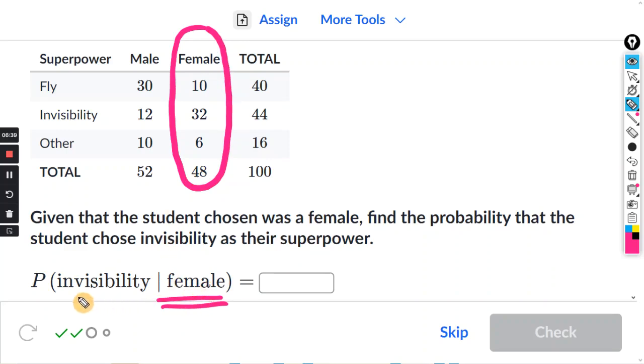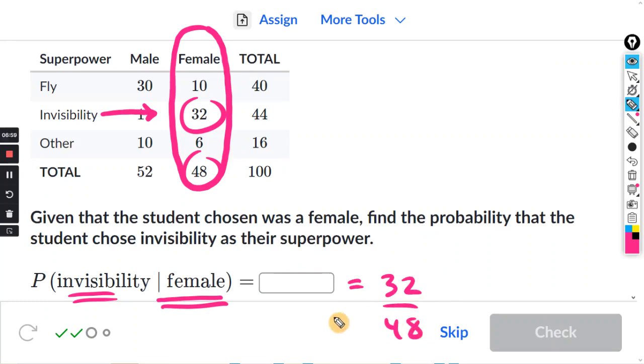And now based on that, what's the probability that the person wanted invisibility? If you trace that across, invisibility in female is going to be 32 out of 48. So that's your answer right there. It's just 32 out of 48.